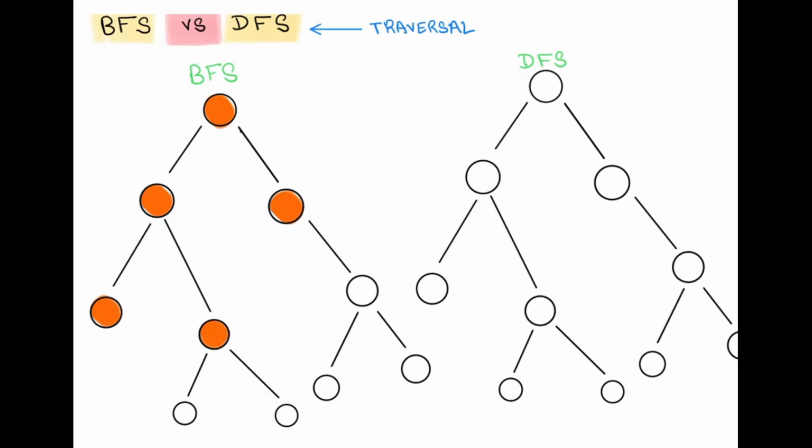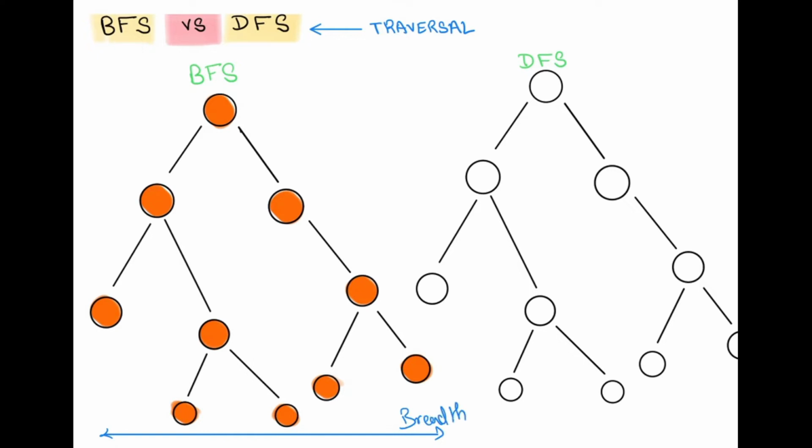That is breadth first. Then again we go one level down and cover all the nodes from left to right. So what we are doing is trying to cover the breadth first, and this is the breadth of the tree.